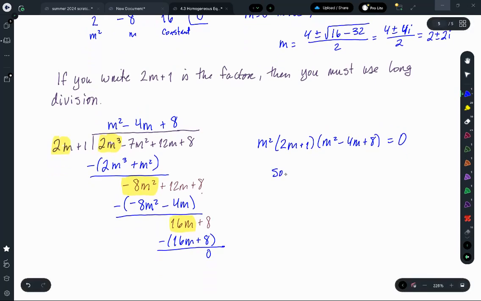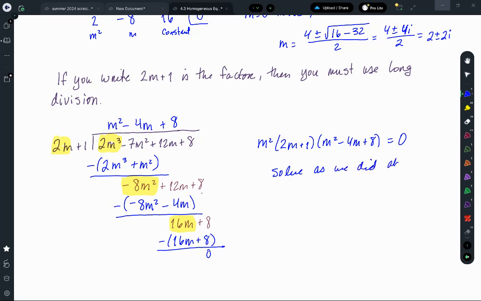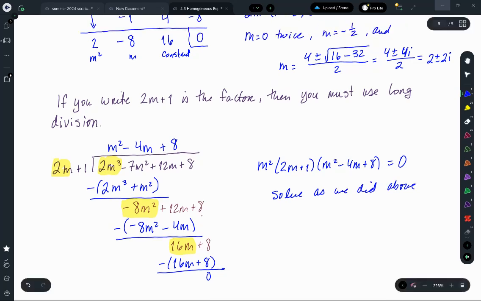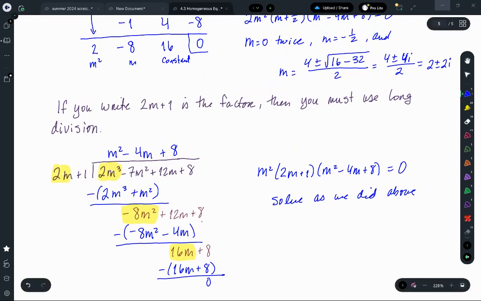And then we would solve as we did above. Okay, but now we have our solutions. We know what we've got for solutions. m is 0 twice, m equals a negative 1/2, and m is 2 plus or minus 2i. So we've got 1, 2, 3, 4, 5 solutions, and that's what we wanted.